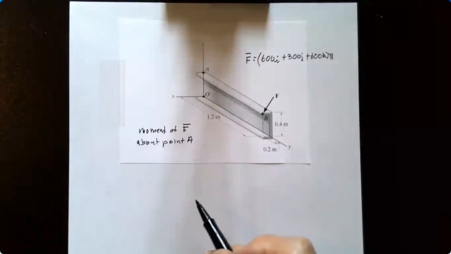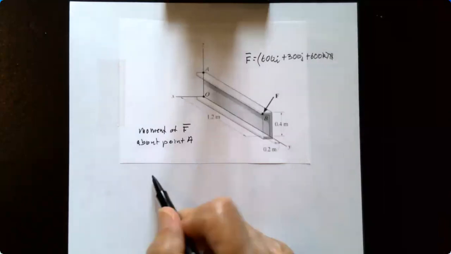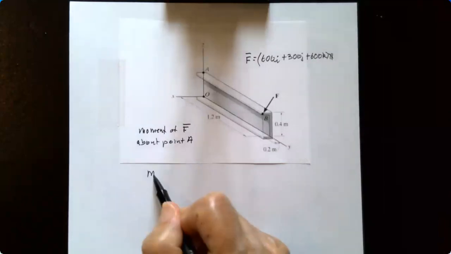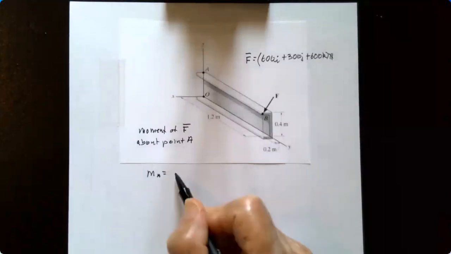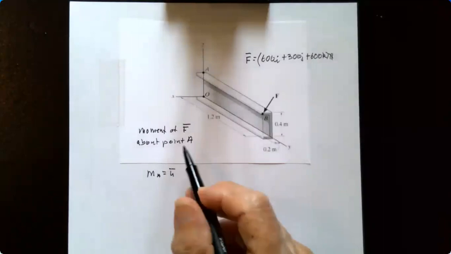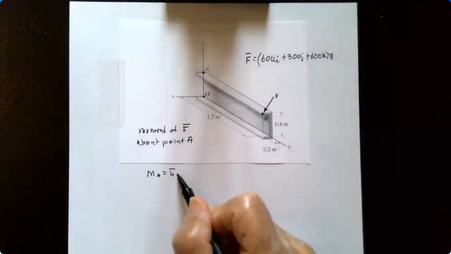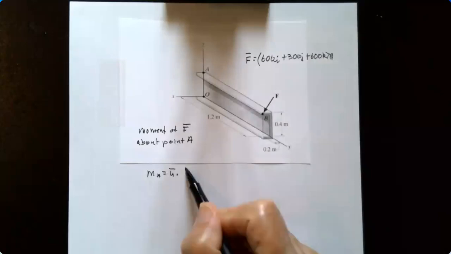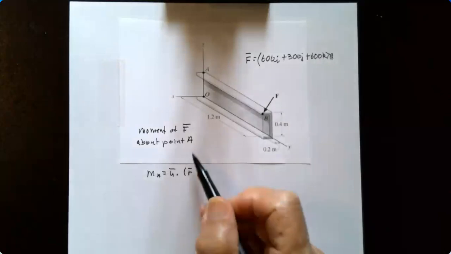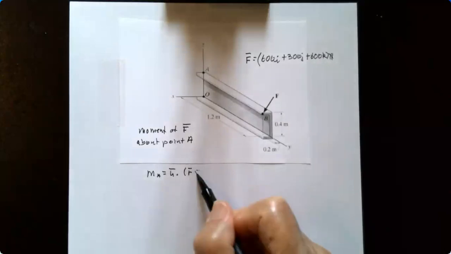What we're going to do is use what we talked about, this dot product unit vector, the r cross F term.